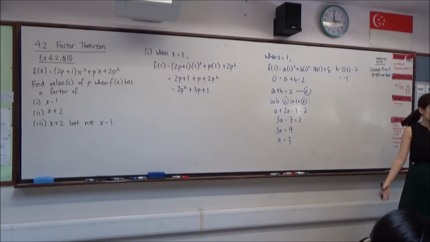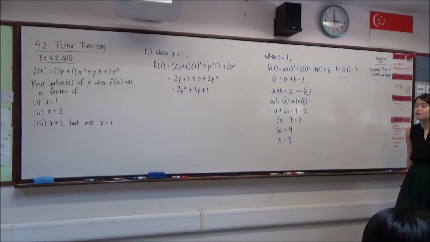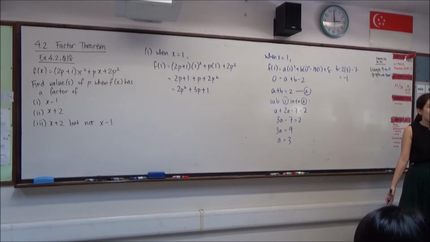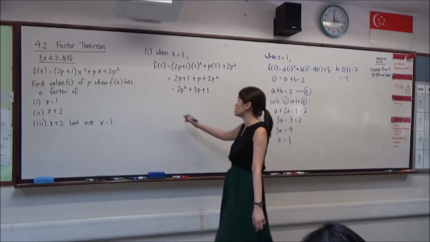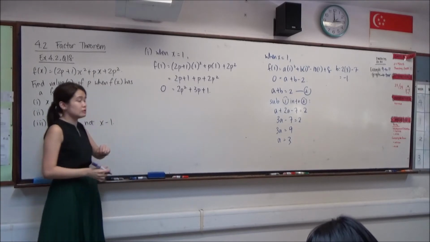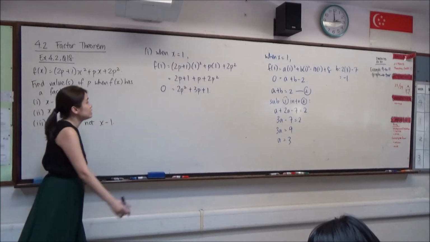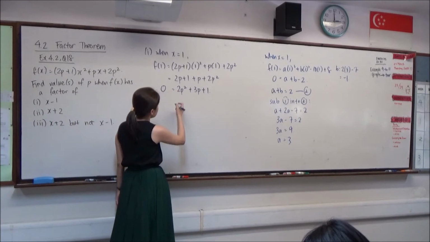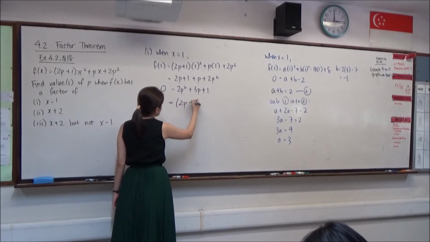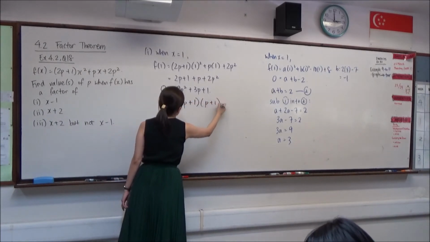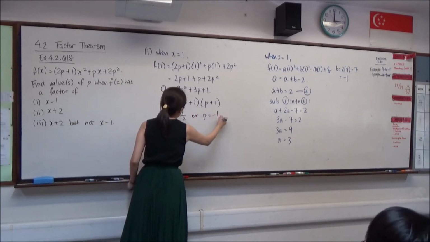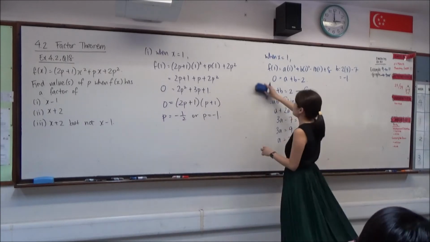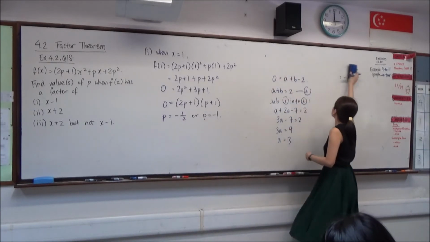Minus 1 is a factor, this value for 2p squared plus 3p plus 1 must be equal to what? Haley, what do you think? 0. Good. So it has to be equal to 0 because it is a factor. Then after that we will have to factorize this one, and we find that p is either negative 1, otherwise negative half.